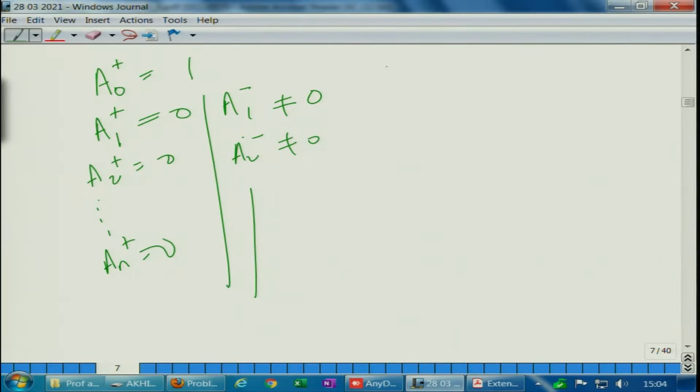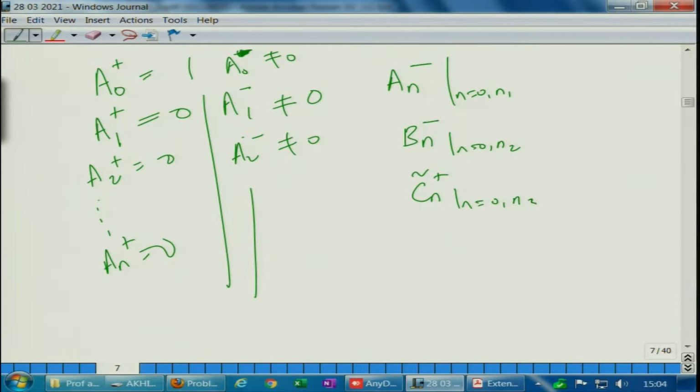So, what are all the variables? A n minus, where n ranges from 0 to n1; B n minus, where n ranges from 0 to n2; C tilde n plus, where n ranges from 0 to n3; C n minus, n equal to 0 to n3; D n plus, where n ranges from 0 to n2; and E n plus, where n ranges from 0 to n1.